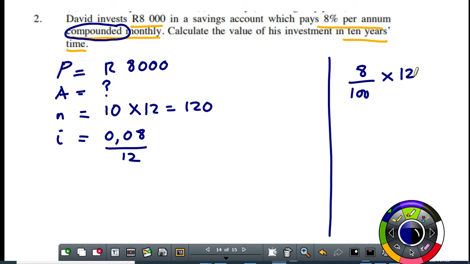You get 8. If I multiply the 12 by 100, what will I get? So it can be written as 8 over what? That's what I said.